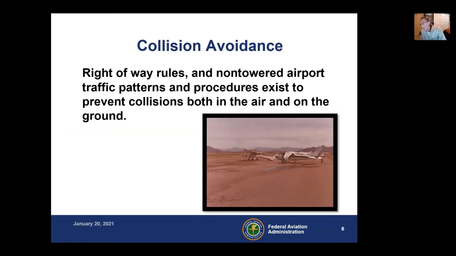So we're going to start with collision avoidance because right-of-way rules and non-towered airport traffic patterns and procedures exist to prevent collisions both in the air and on the ground. The bottom line, such procedures are established to promote safety amongst all of us. This picture right here, I was pre-flighting my airplane, which was probably parked right behind this, I can't tell if it's a 172.